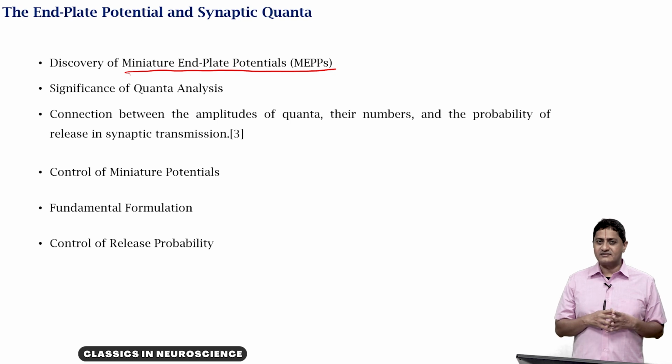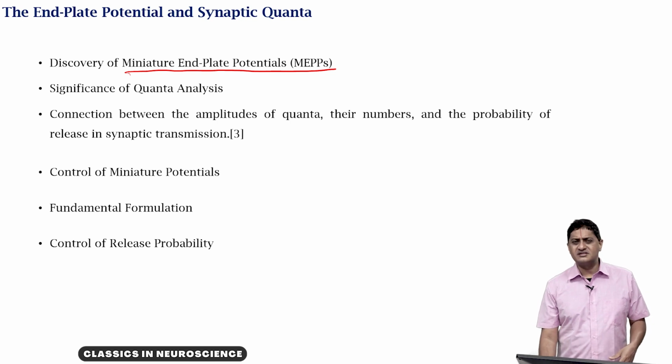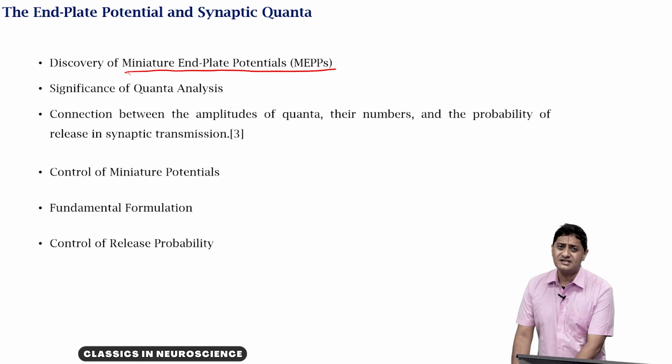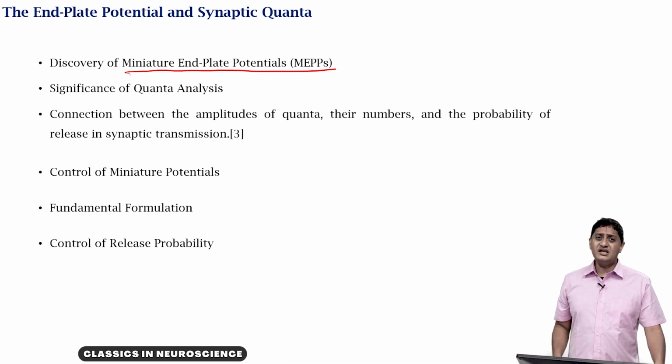But later it was realized that this is because of individual vesicles releasing their entire quantum of neurotransmitters. Many of these individual vesicles simultaneously release all of their neurotransmitters to lead to the final summed end plate potential.